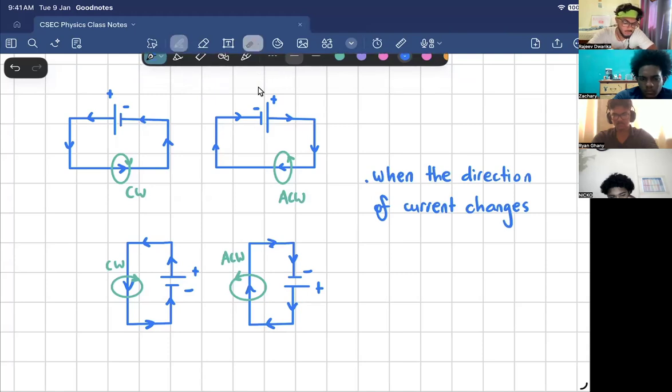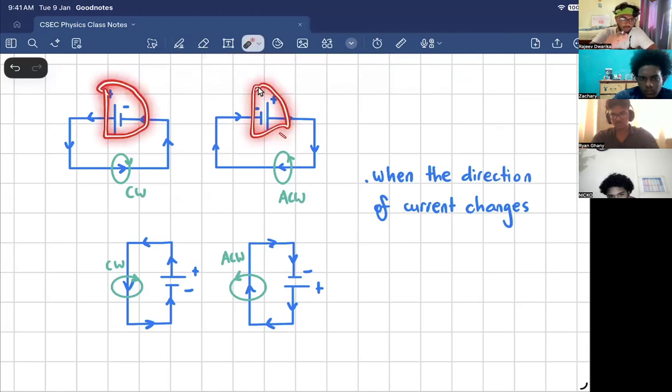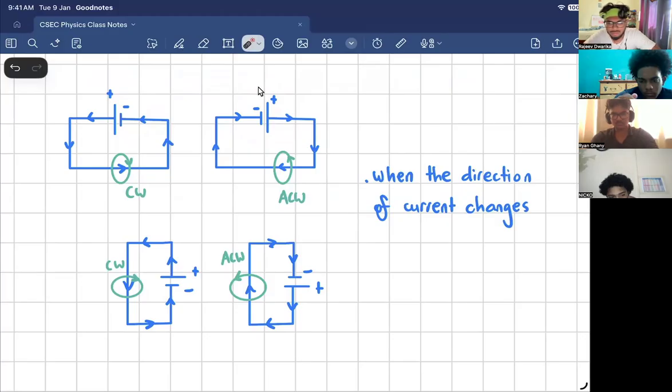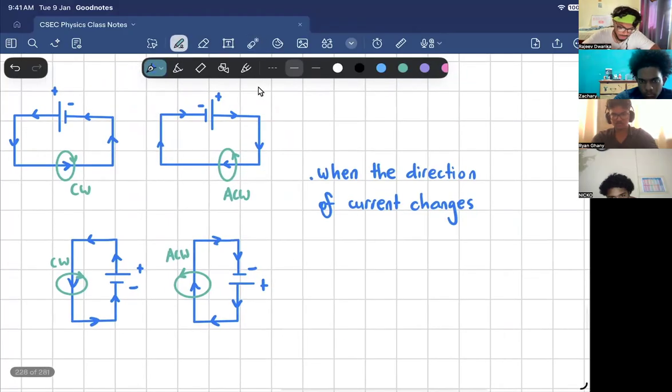When I swapped around the terminals, what changed? The direction of current changed. What else changed? The magnetic field. Remember, this is the magnetic field around the wire, and it changes direction. So when the direction of current changes, so does the magnetic field.